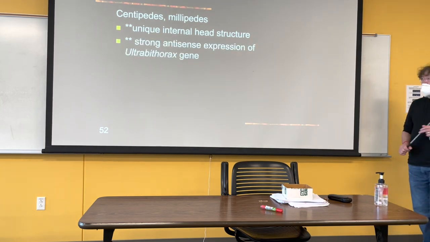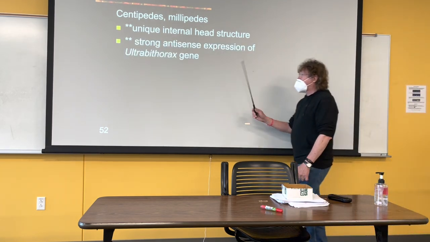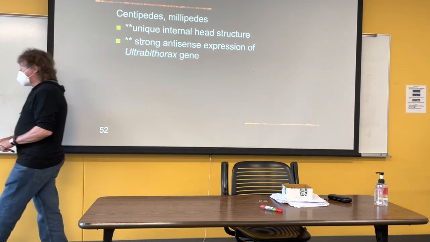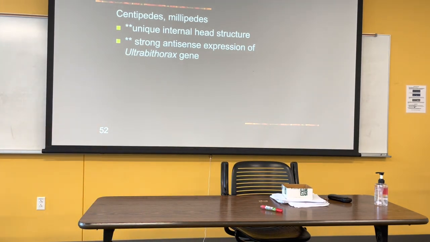And another one here. Now this ultrabithorax gene, there are various genes in animals that are called Hox genes. Now these are usually expressed in the very, very early embryo, and they're important for setting up chemical gradients, usually protein that will diffuse throughout the body.